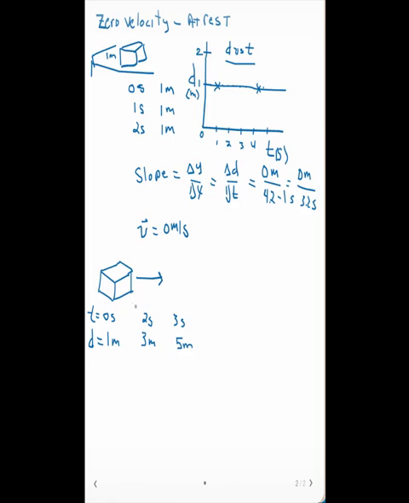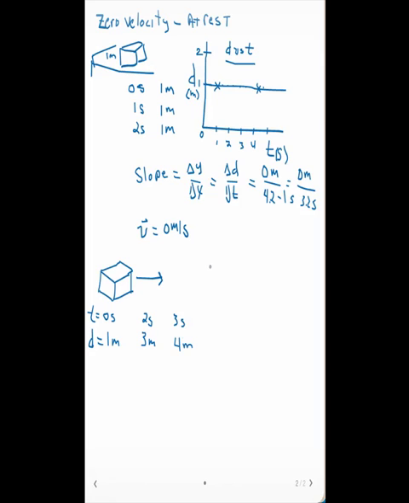At 3 seconds, it's going to be at 4 meters. Now in this particular case, notice that it traveled 2 meters in 2 seconds, and it traveled 1 meter in 1 second. So it's traveling at a constant rate of 1 meter per second.